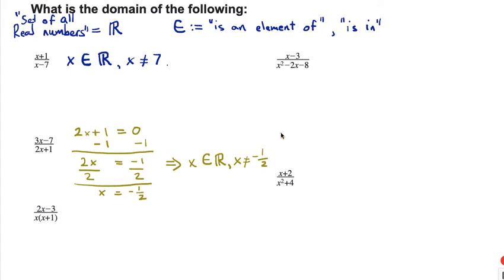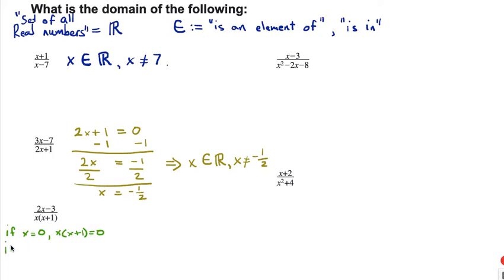Okay, let's look at this third example here. It's quite interesting because, since it's factored, we can say immediately that if x equals 0, then x times (x plus 1) equals 0.